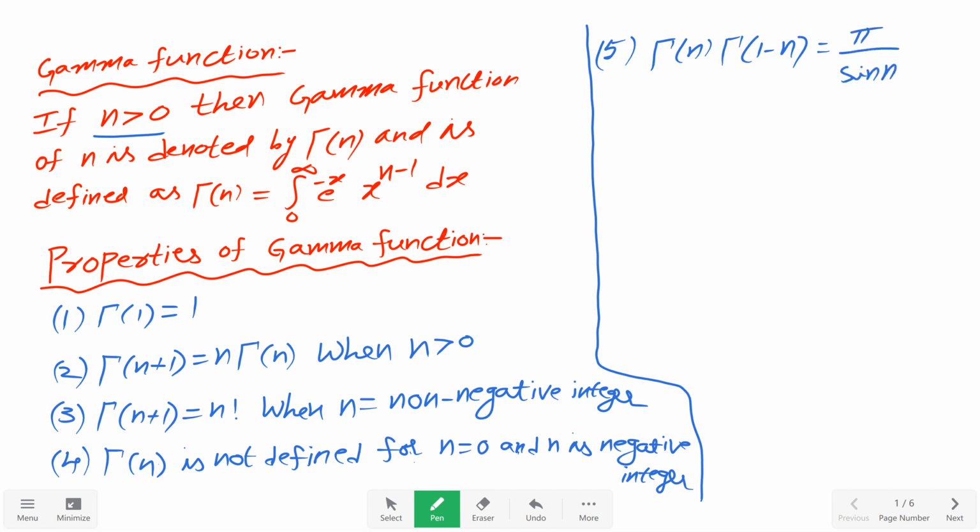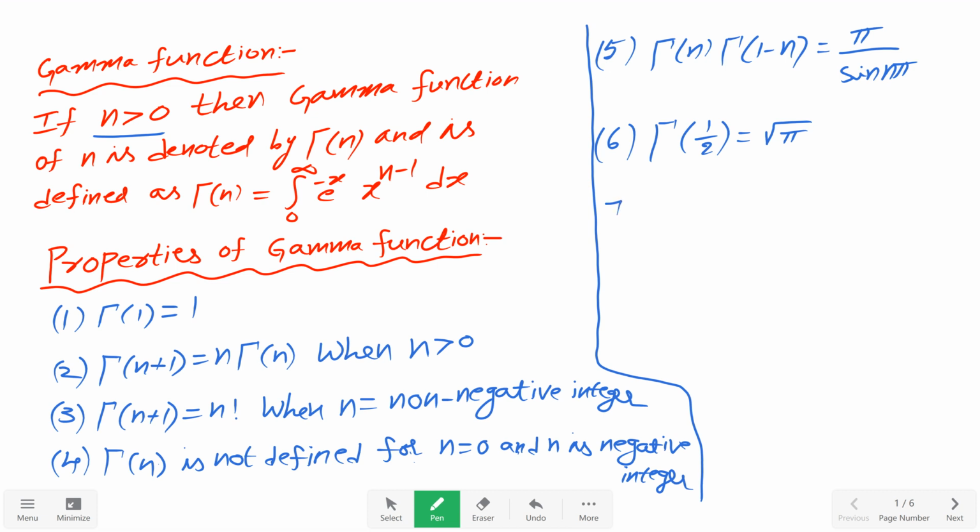Now the sixth property of the gamma function is gamma of 1 by 2 is equal to root pi. This sixth property can be derived by putting n is equal to 1 by 2 in property number 5. We will get the gamma of 1 by 2 value as root pi.